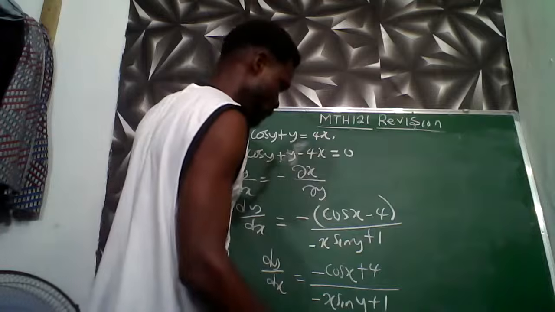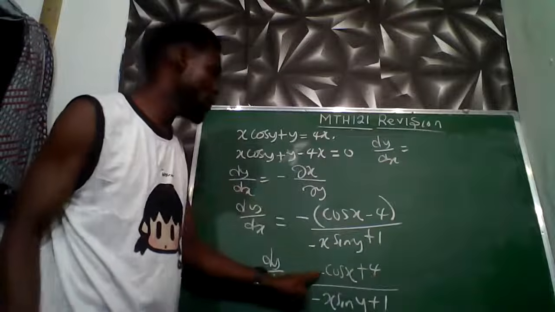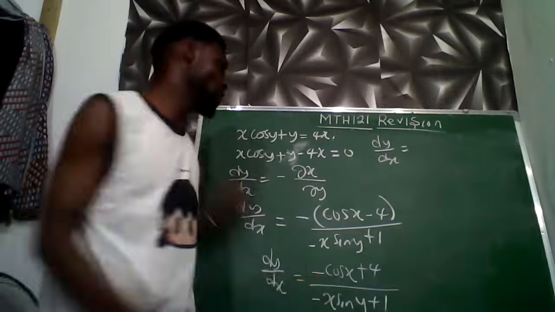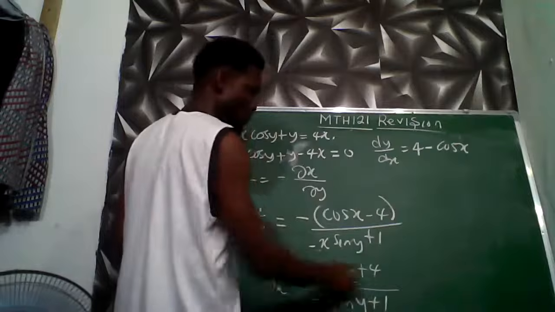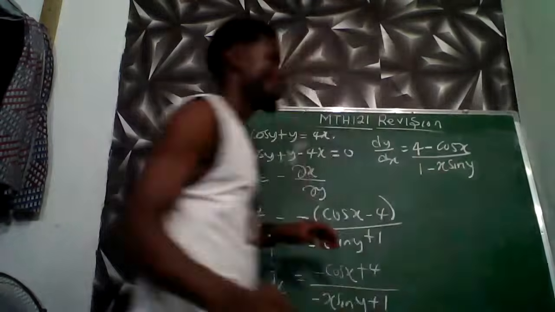So that means that dy over dx is equal to, I can write positive 4 first before I write negative cos x. So that will be 4 minus cos x, all over 1 minus x sin y.